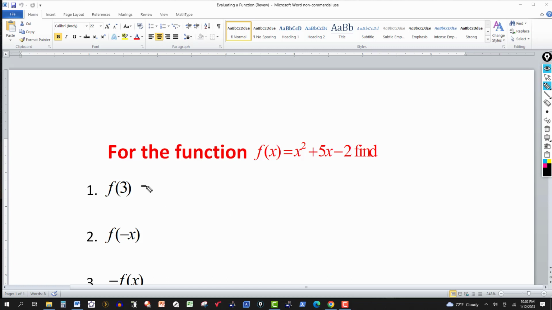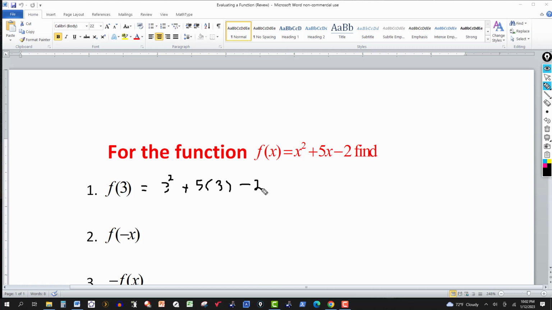To find f of 3, that means evaluate, plug in 3 where the x is. So that would be 3 squared, and then plus 5, then there's an x, so that's replaced by 3. And then there's a minus 2.